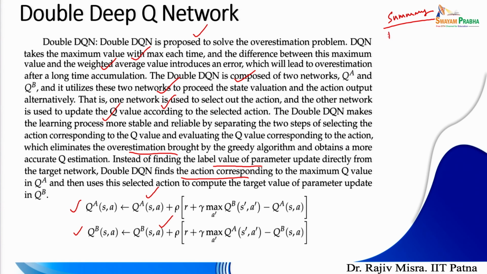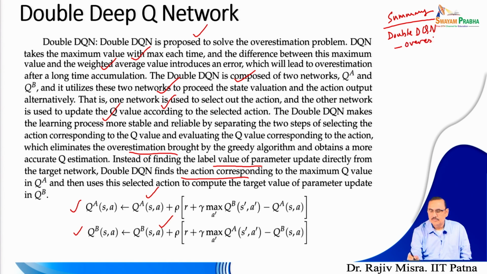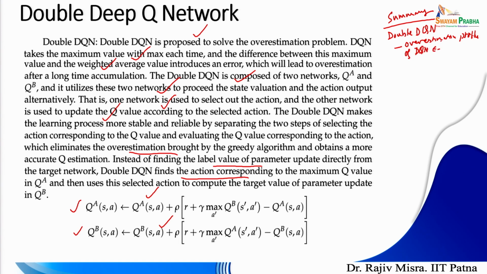What we have seen is that double DQN is there to solve the overestimation problem of DQN, that is the epsilon greedy strategy.